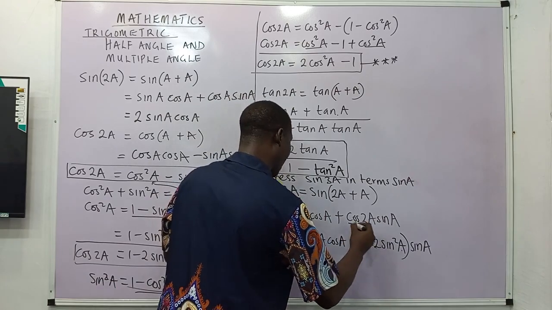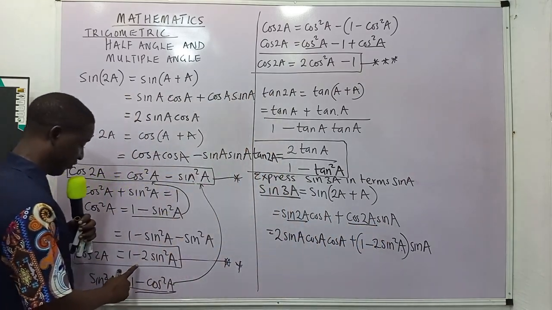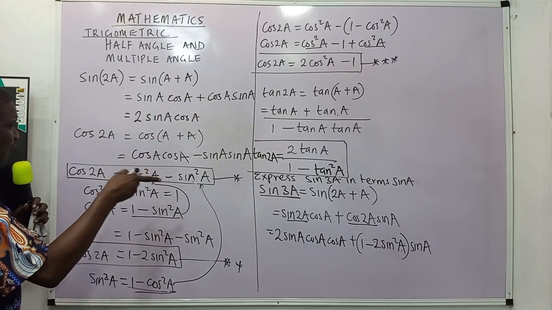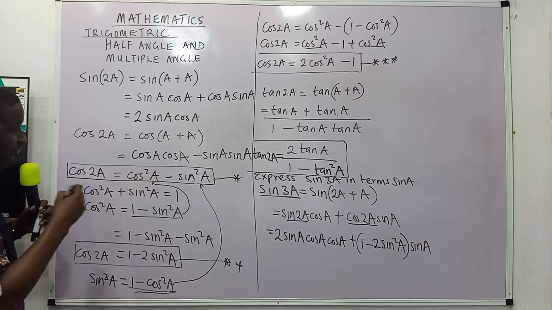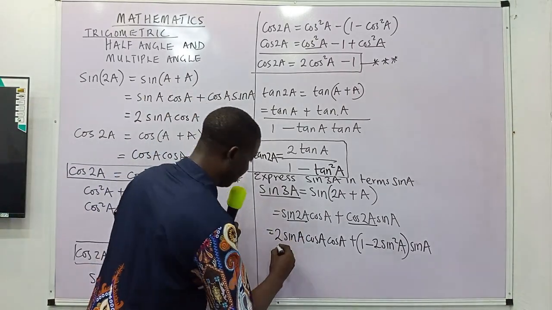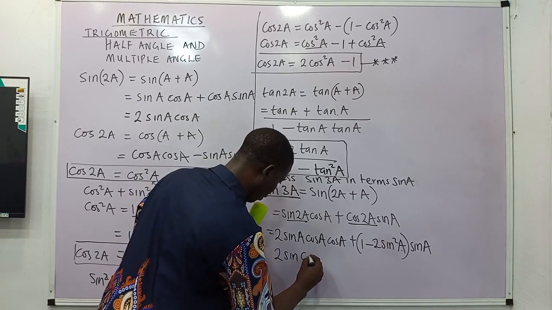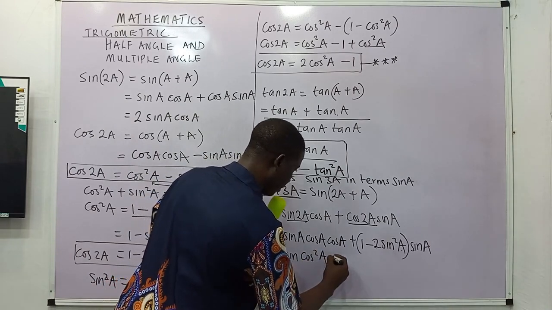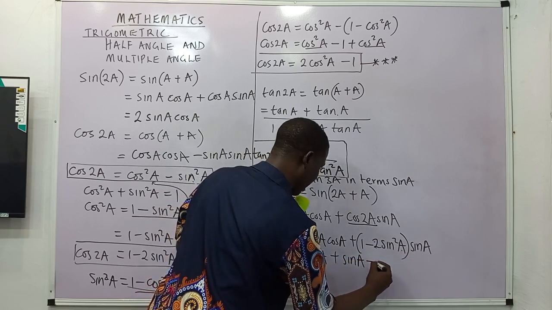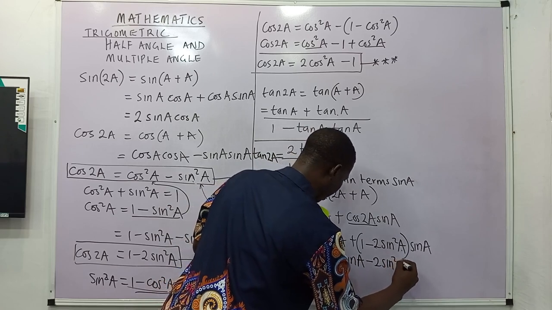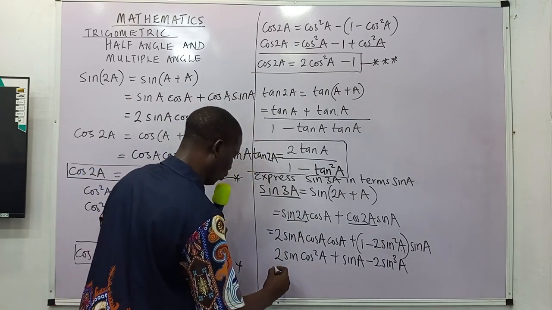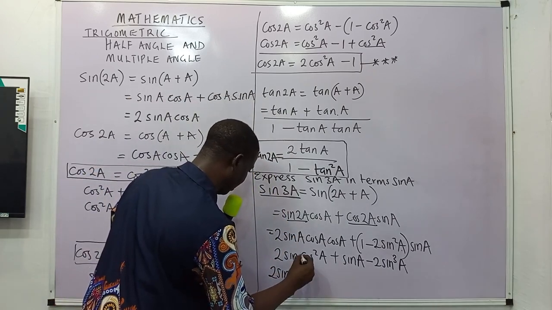That's why I change this one to this. What we are trying to achieve is to get all the functions to just remain as sine. That will now give us 2 sine A cos square A plus sine A minus 2 sine cube A. Now look at the board. This one now is the same thing as 2 sine A is sine A.